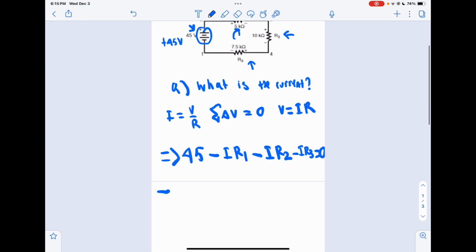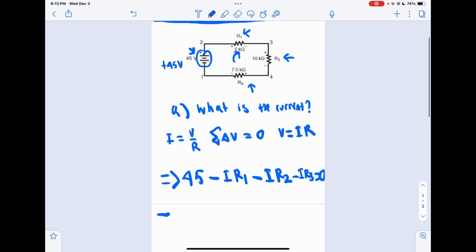From here, it's pretty easy now because we have the values of R1, R2 and R3 in thousands. So we have 45 minus I times R1, which is 5K.